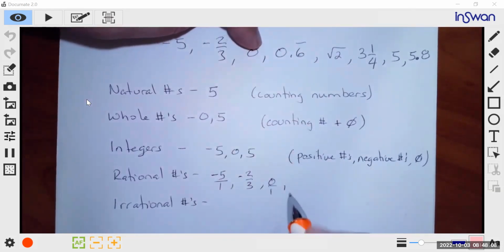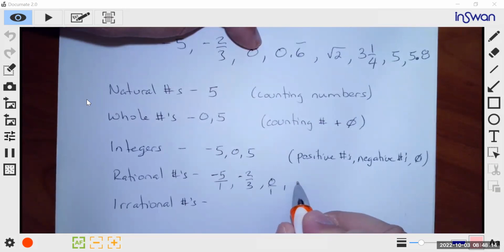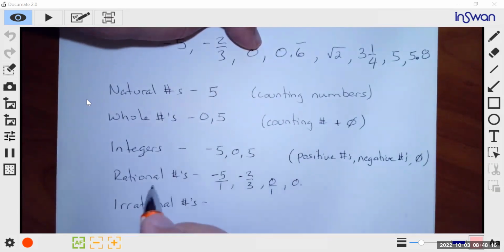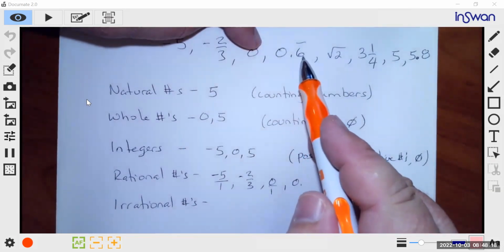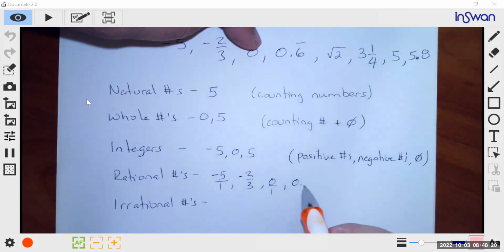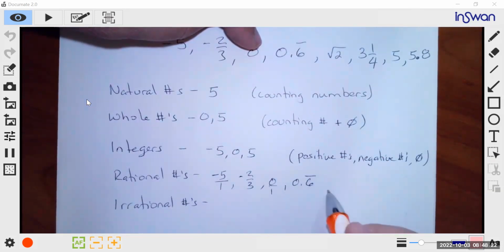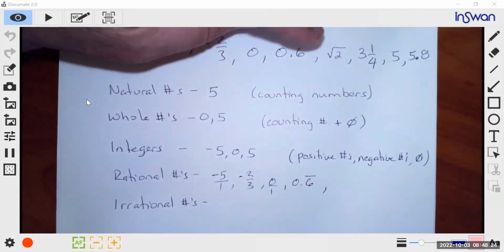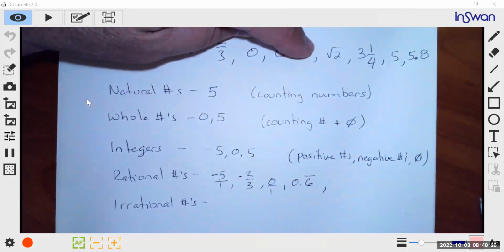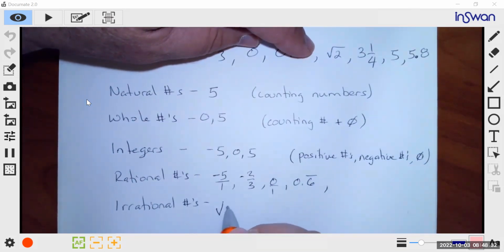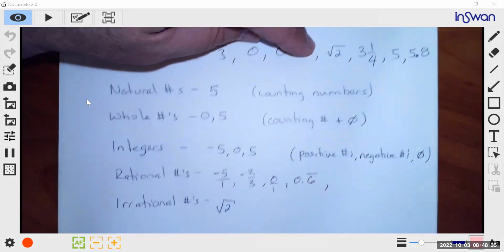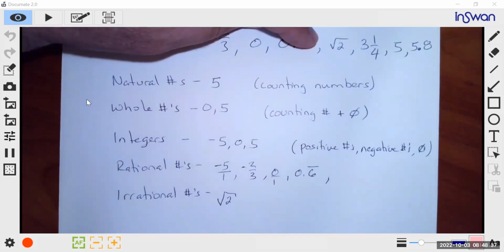Is 0.666666 a rational number? Yes, because rational numbers, if they have decimals, they're either terminating or repeating. So that one's repeating, so it's a rational number. Radical 2. If you put that in your calculator, it will not have a pattern, neither will it end.